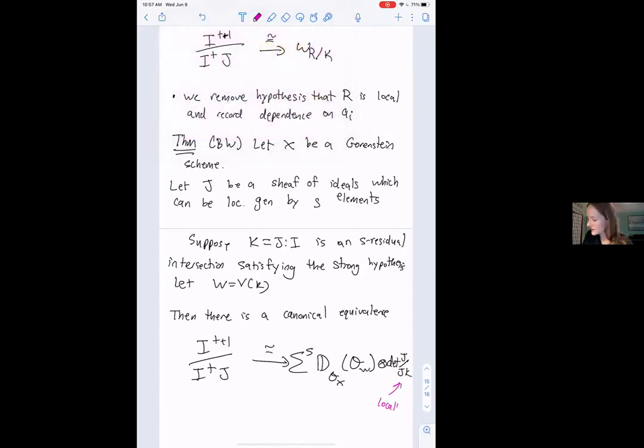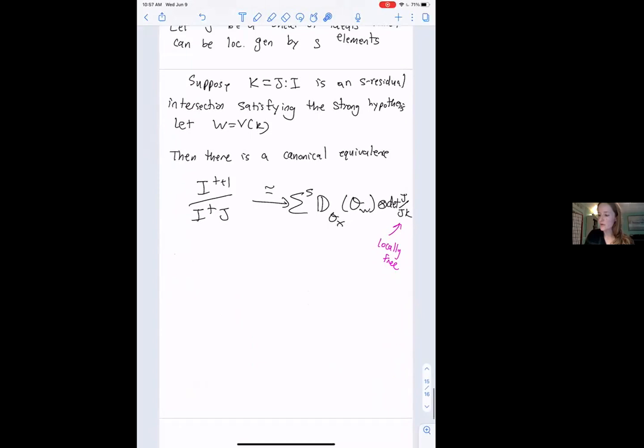And although this has the codimension of G, this is locally constant on the intersection of W and the vanishing locus of I. So this winds up being a coherent sheaf. And we can use this to then push forward. So there's also a perfect pairing on this.